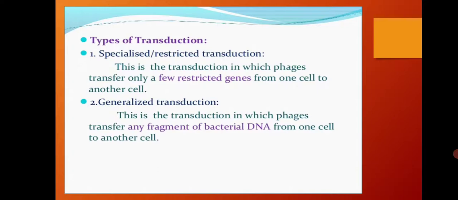This is the transduction in which phages transfer only a few restricted genes from one cell to another. In specialized transduction, there is transfer and packaging of a small percentage of bacterial DNA with the viral genome. That means here the bacterial DNA is also packed along with the phage DNA inside the capsid of the bacteriophage.